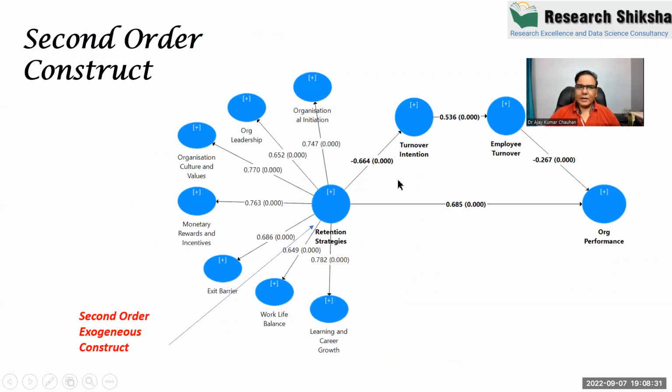And in any diagram, if one construct consists of different constructs, and it is measured with the items of these constructs or indirectly from these constructs, this is called a second order construct.